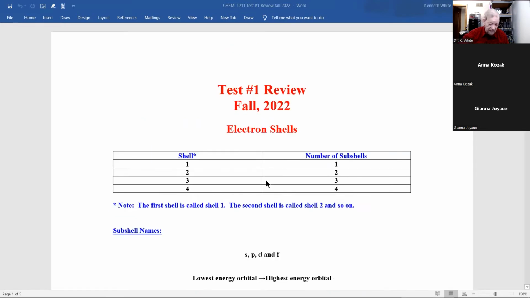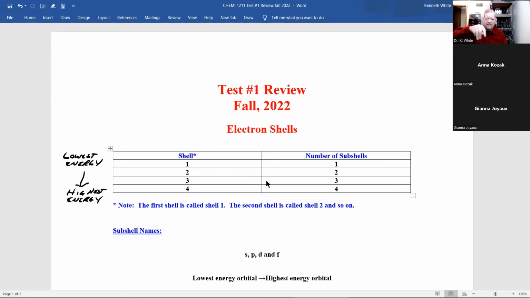And by the way, let me write something which I don't have on here that you have to memorize. Shell 1 is the lowest energy shell.